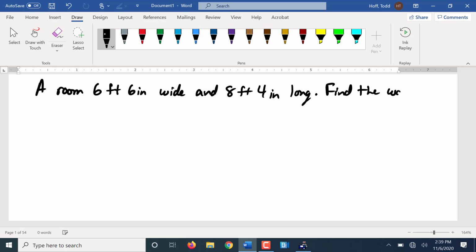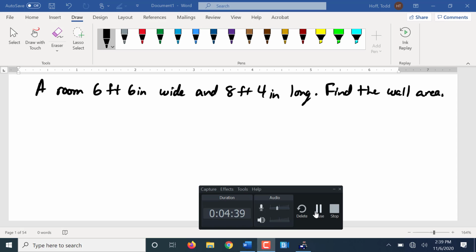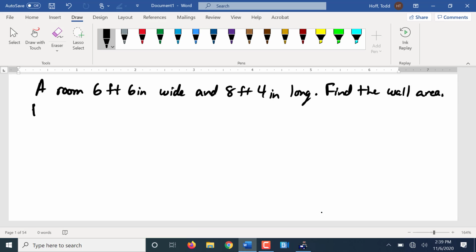Find the wall area. The wall height is 7'8".